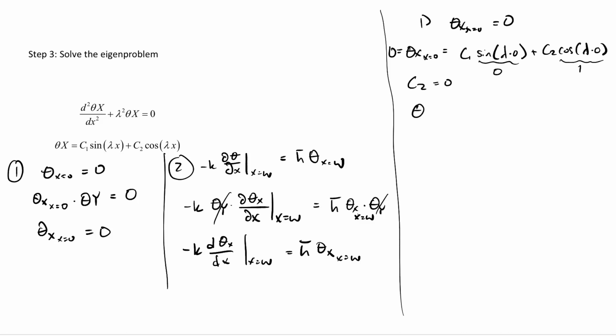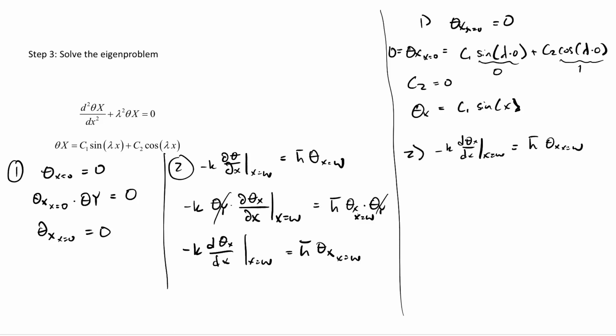So then we're left with our expression theta x is equal to C1 times sine of lambda x. That's what we can move forward with here. Okay, second boundary condition. We're going to say minus k times d theta x dx evaluated at x equals w is equal to h bar theta x at x equals w.